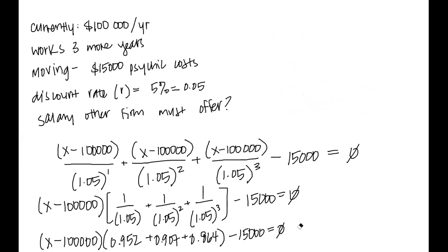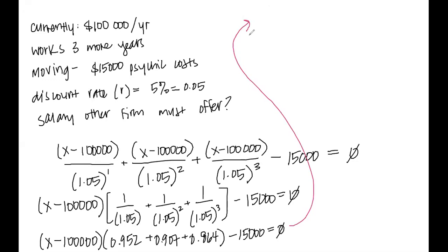And then I'm going to continue up in this corner that I just erased stuff for. So after we simplified those fractions down, we can then simplify the decimals into one term, distribute that, and multiply it by the x minus 100,000.